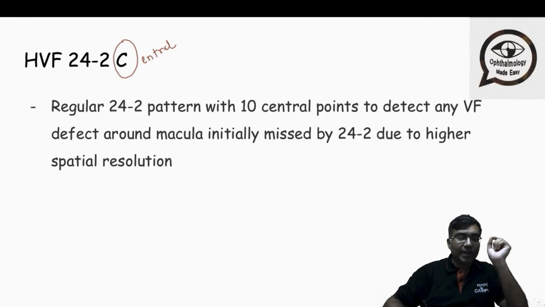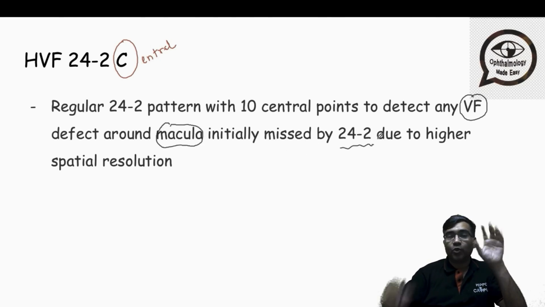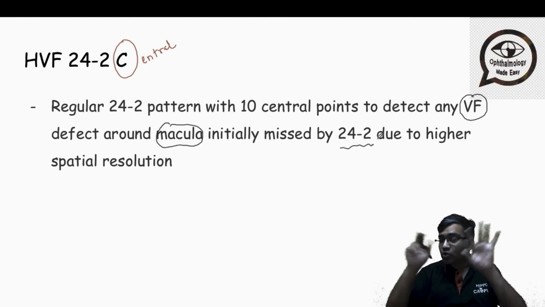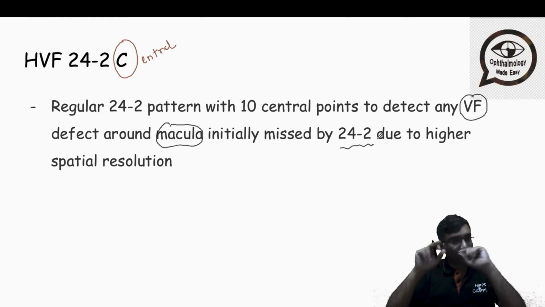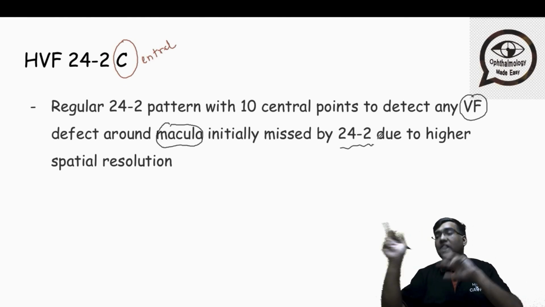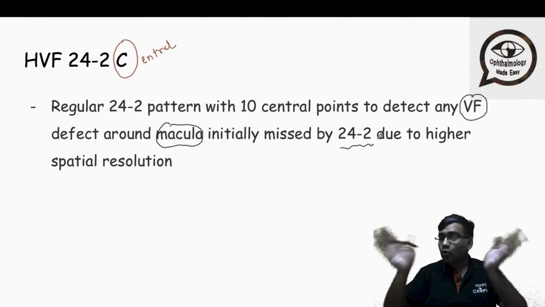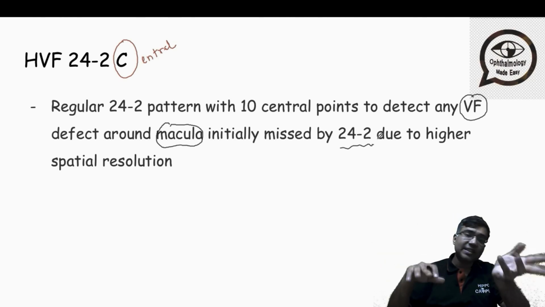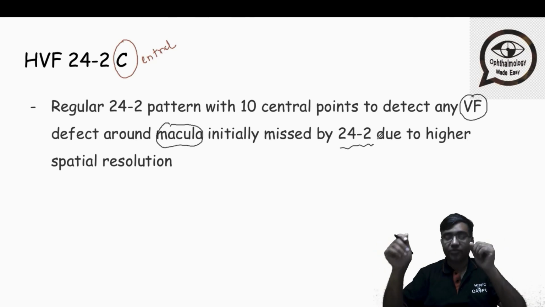Here, if you can see in these lines, I would underline these 2 points: they test any visual field defect around the macula initially that can be missed by 24-2. So if you do not have 24-2C, then you would do a 24-2 plus a 10-2. Here you can do both in one, and remember, in faster mode only. What is SITA Fast, what is SITA Faster, I will tell you in further slides.